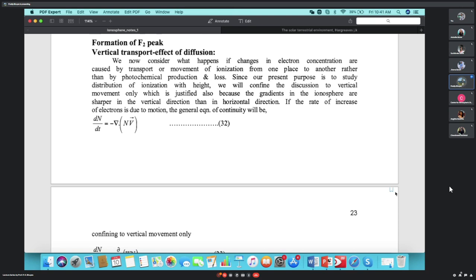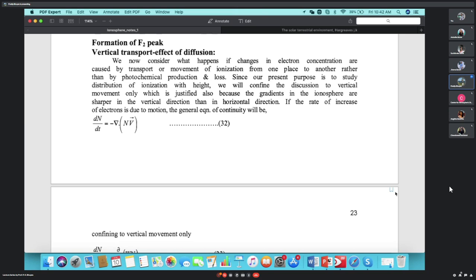So all these three are a set of processes, I won't say equations, which govern the dynamics of the ionosphere at any given time. Now, what we are looking at right now is the vertical distribution of the ions and electrons within the ionosphere. We came from the bottom, we discussed the D layer, and we also discussed the E and F1. Now we are going still higher up, where maximum ionization takes place.